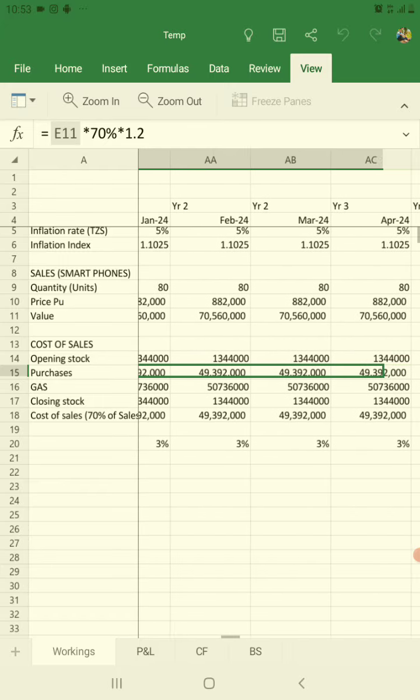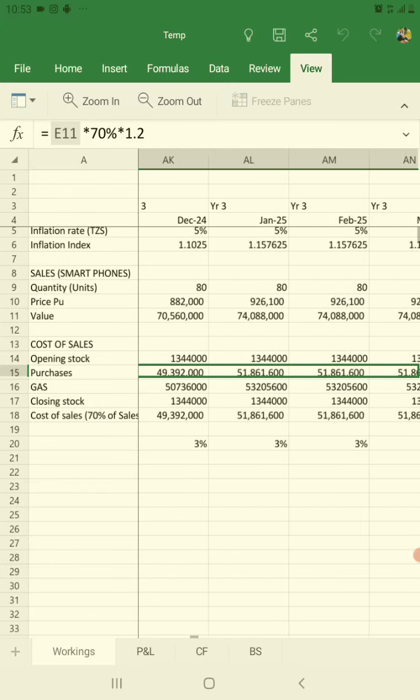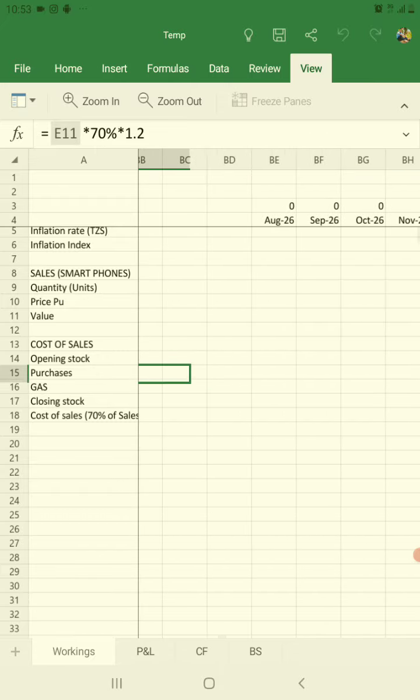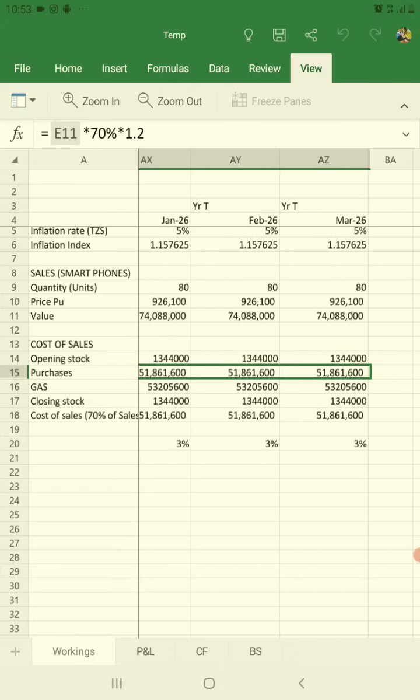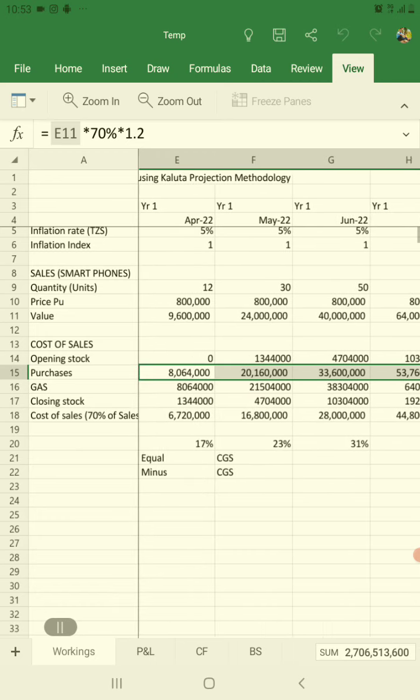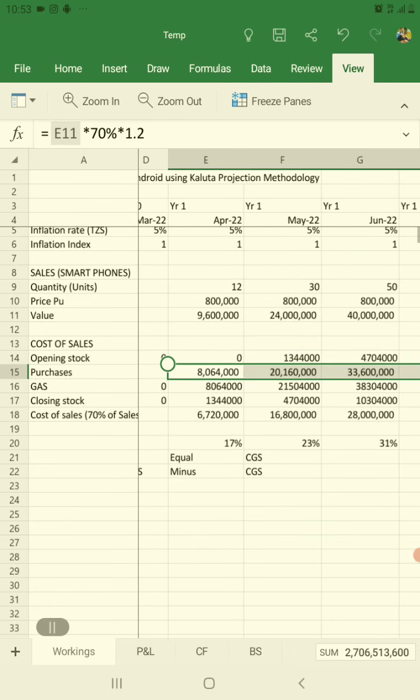So I fill this, so that my purchases is added with a mark of 20% on top of expected purchases. So it's going to be true throughout.